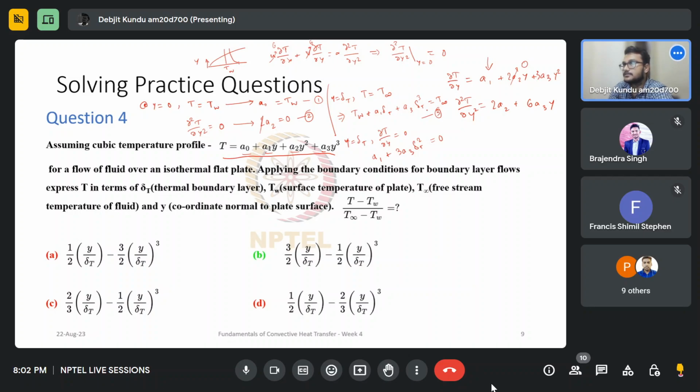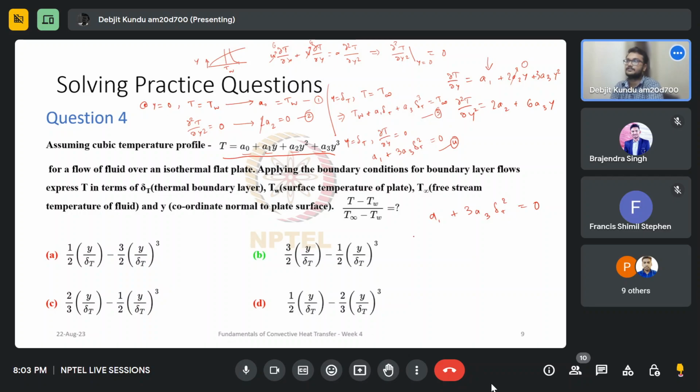I'll call this equation number 4. So equation 4 is A1 plus 3A3 delta t squared is equal to 0.